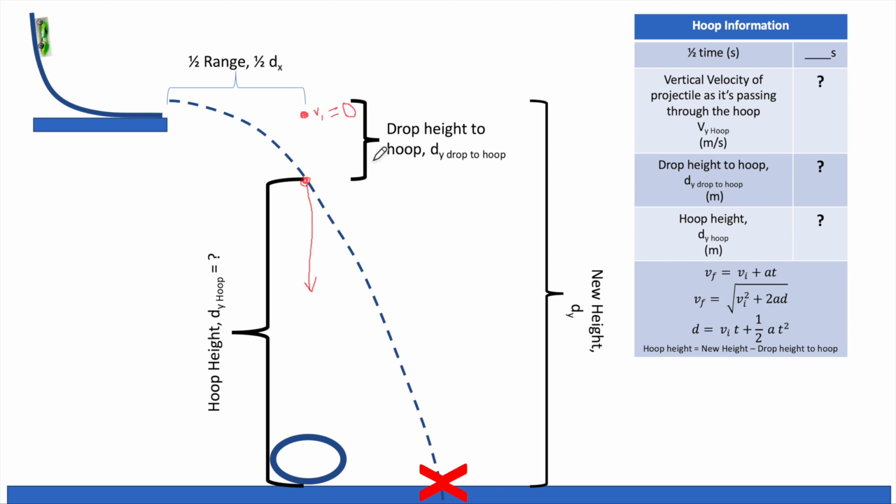Pretend that's a 0. So treat this as though this is an object falling for a specific amount of time that you see over here. So that's where we're going to be placing the ring.